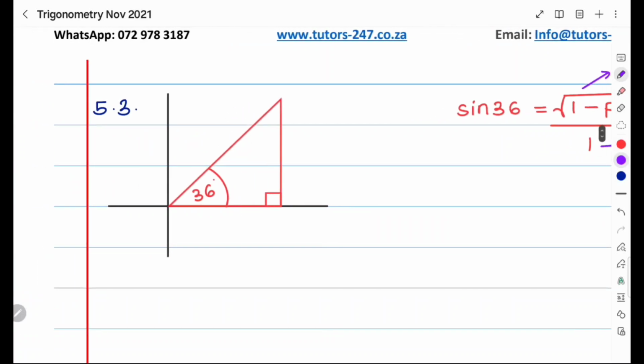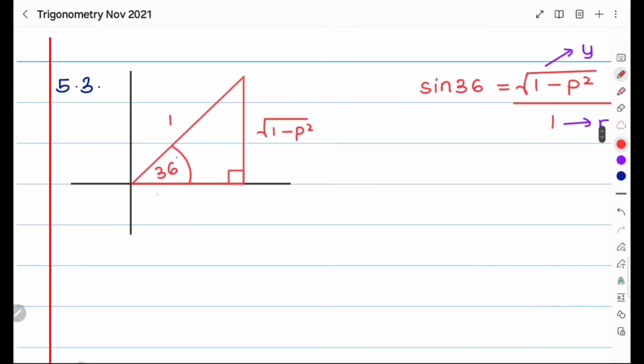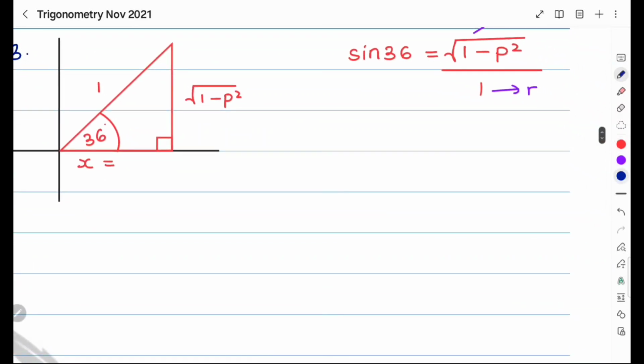So here we know that the opposite is the square root of 1 minus p squared. Our hypotenuse is 1. As you can see, x is missing, x is unknown. So we need to look for x. To find x, we are going to use the theorem of Pythagoras. So here, let us start with that quickly.